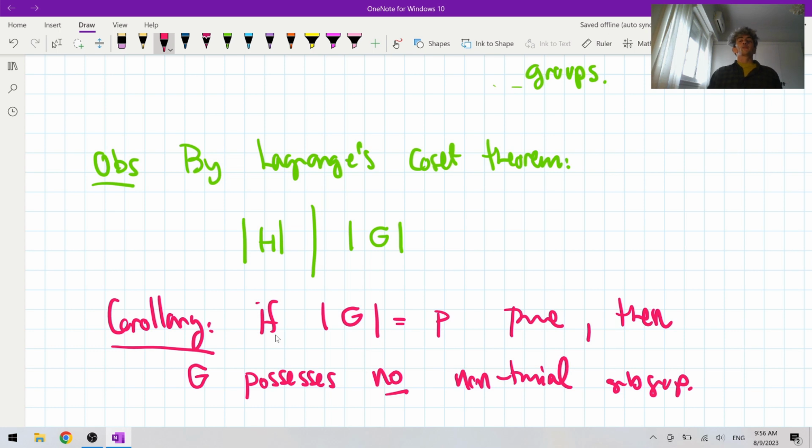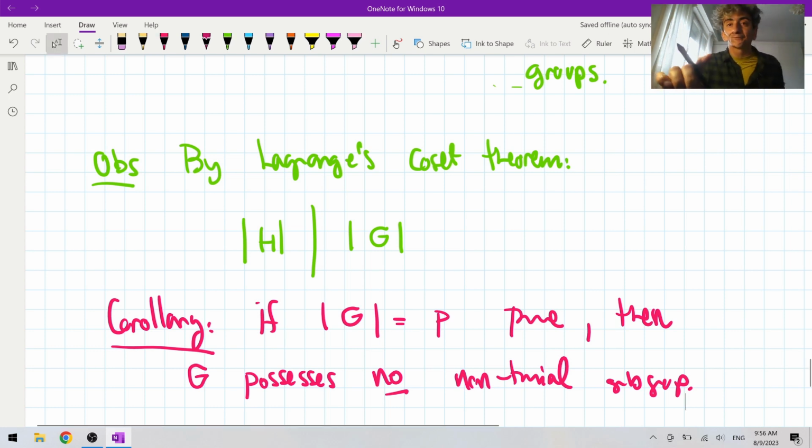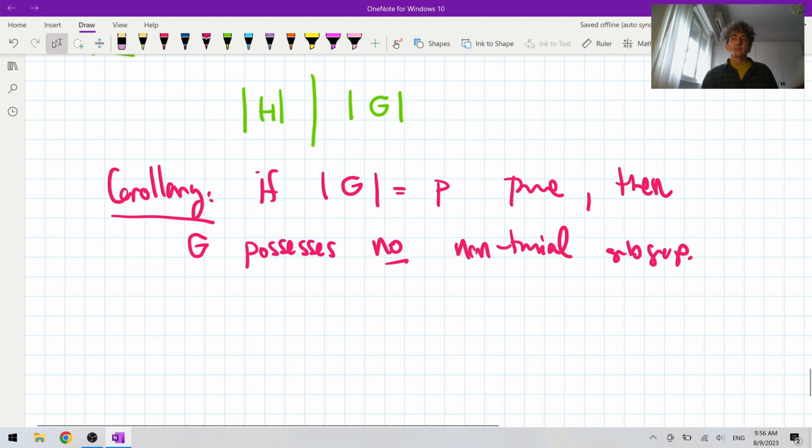That is, when the order of G is prime, it has only two subgroups, the identity element by itself and all of G. It has no intermediate subgroups. All right? So that's an important observation.